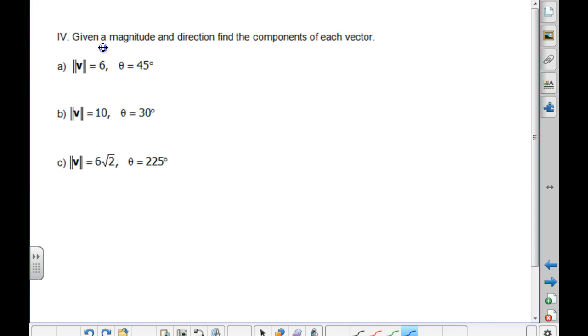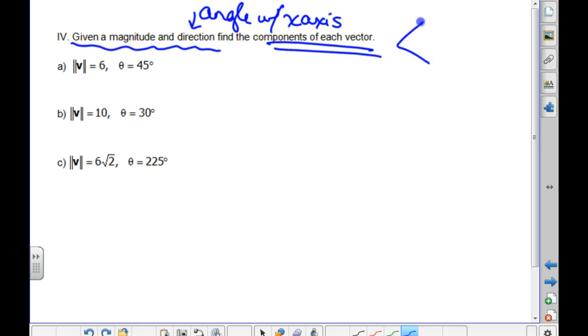This section is given a magnitude and direction, meaning angle with the x-axis. Change it to components, okay? So when we're done, we want something that looks like this. All right, let's talk about this.